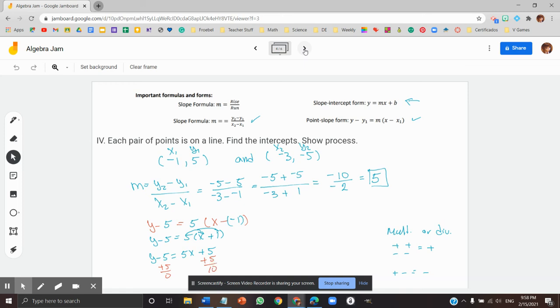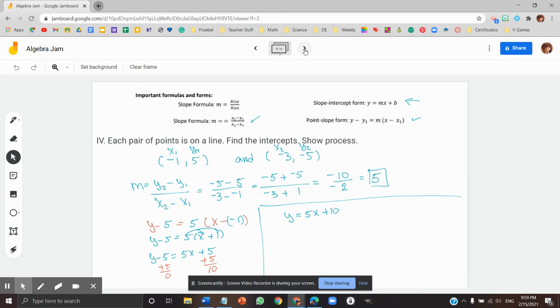I'm going to erase this right there so I have some more space. So I'm going to be left with y on the left side of the equation. And on my right side, I'm going to have 5x plus 10. Oof, that looks exactly like the slope-intercept form.